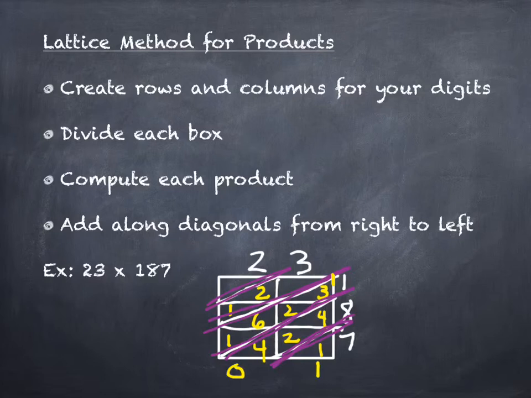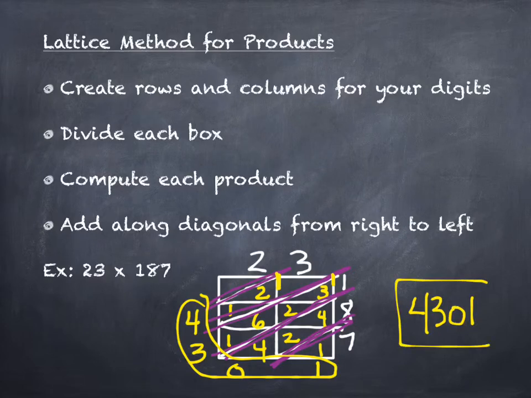So I'm going to write down the 3, and I'm going to carry the 1 to the next diagonal. I have a 1, a 2, and a 1, which is 4. The answer can be read right here. The answer is 4301.